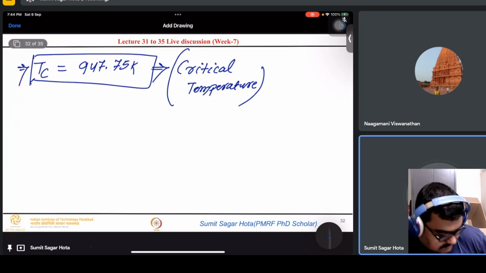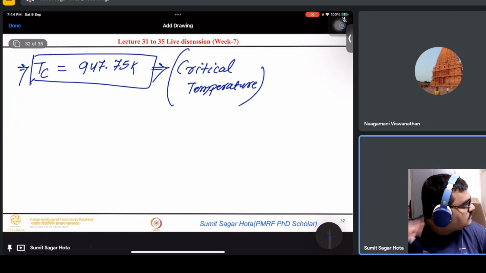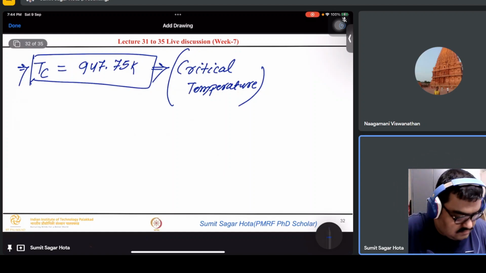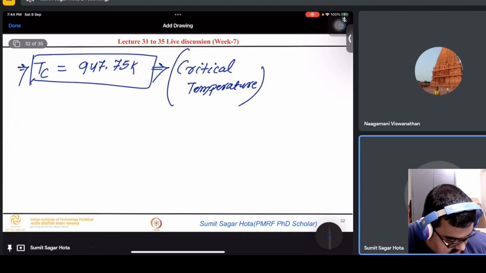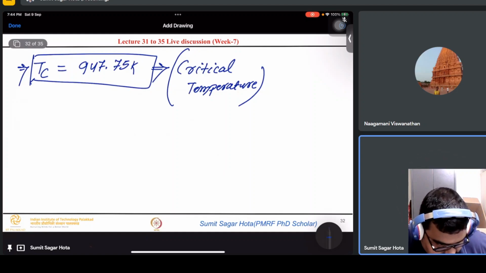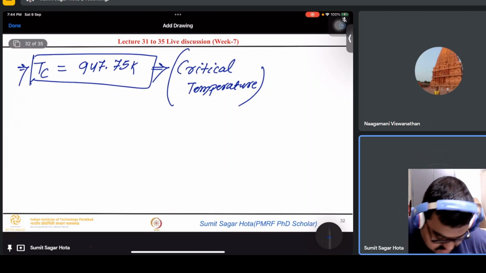Critical temperature, you know, that means you can now find out the velocity of jet.